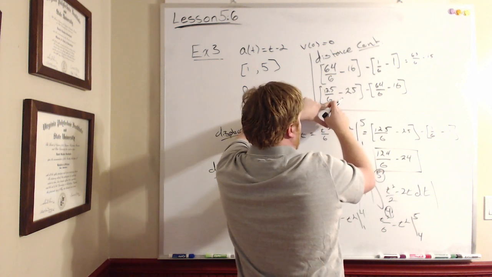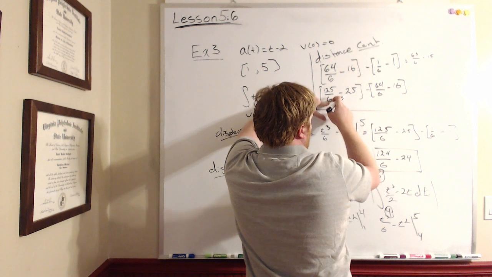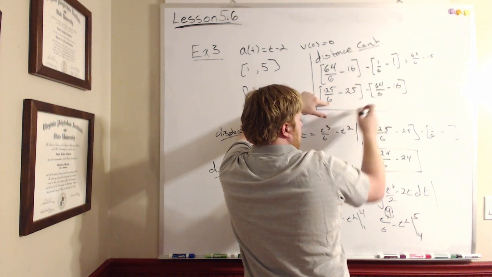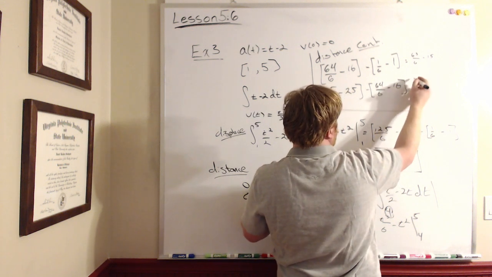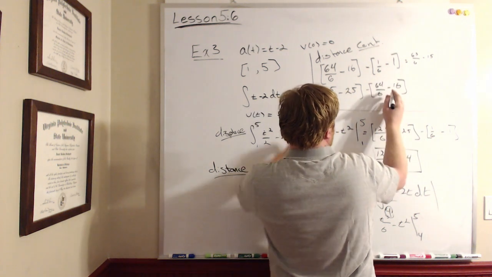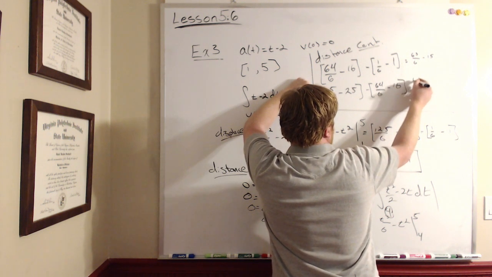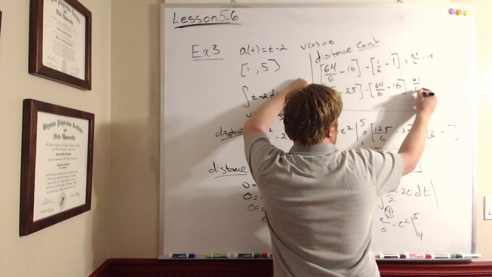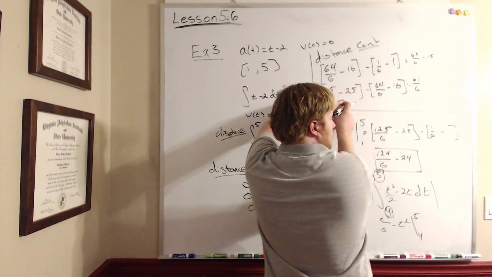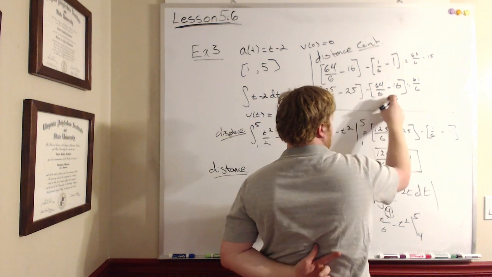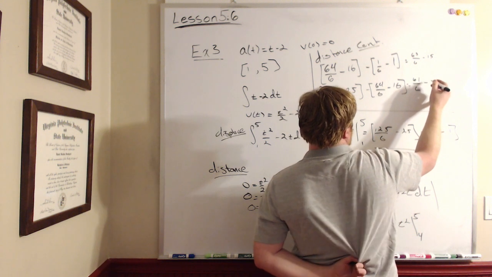And let's see. 125 minus 64 over 6 is 61 over 6. Negative 25 minus a negative 16 is going to be negative 9.